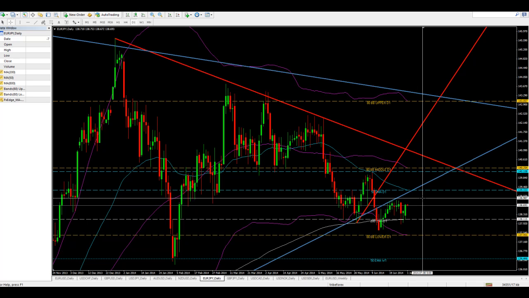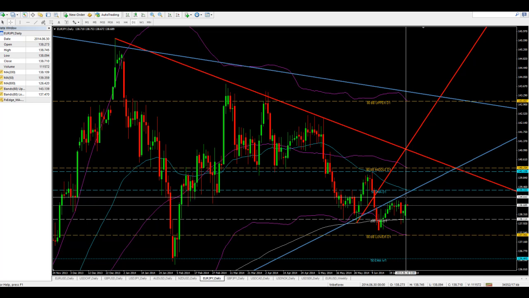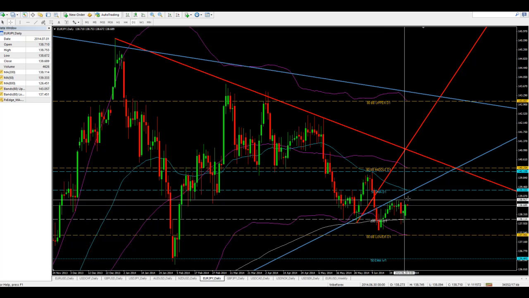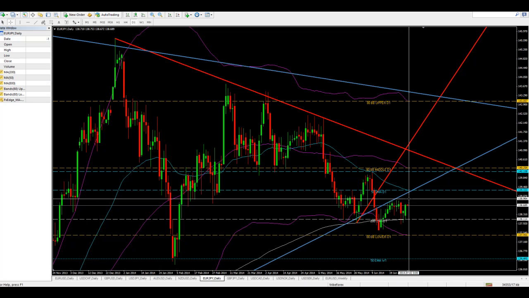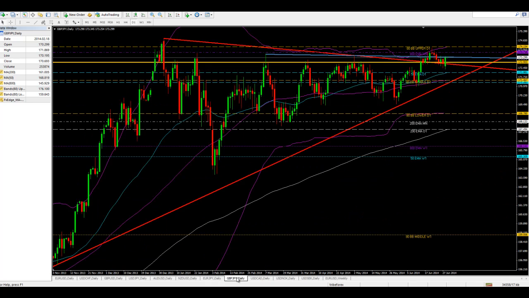I want to say to 138.90 to 139.90, that zone. So I'm going to look for a continuation up. There's still consolidation here, guys, on this yen pair, but I think there's a little bit more movement to the upside. So I'm going to call a buy bias here from current levels, and look for it to move up essentially.